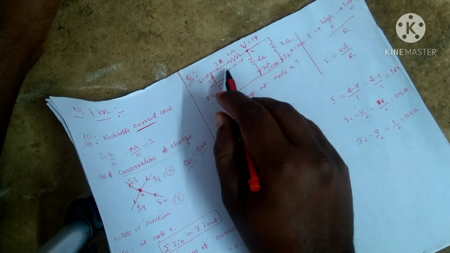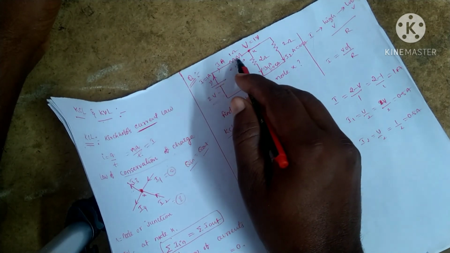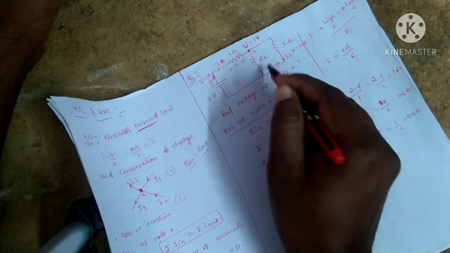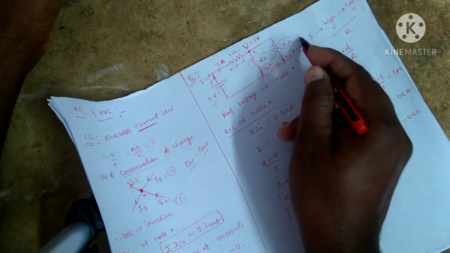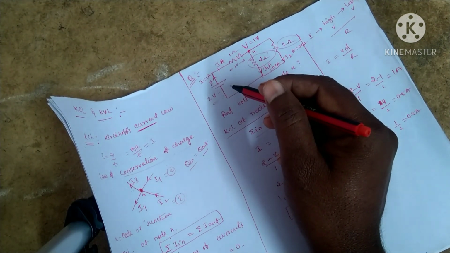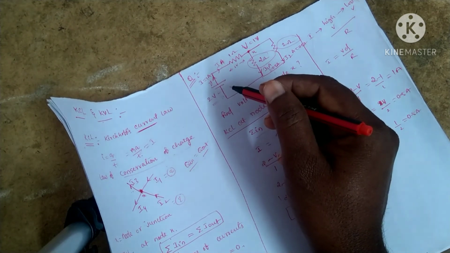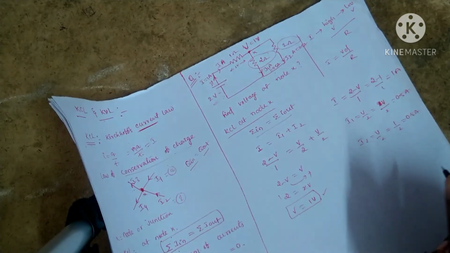See, the total current is 1 ampere coming here through the 1 ohm resistance. When it enters the node, the current divides equally, 0.5 and 0.5, because the resistors are equal. So you already know the basics, that current always divides equally when two parallel resistors are the same. Okay, I hope you understand.